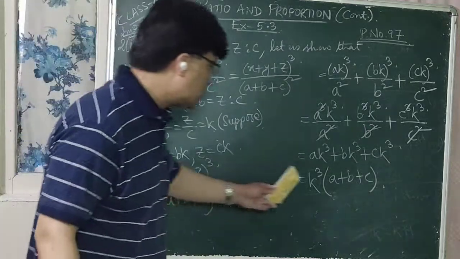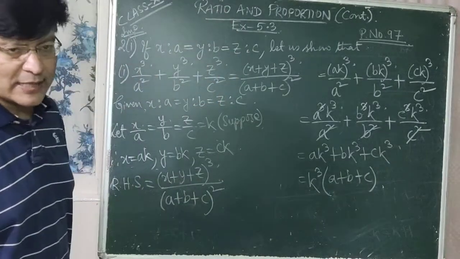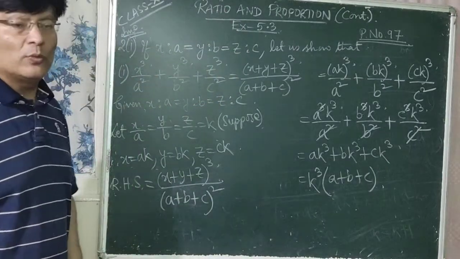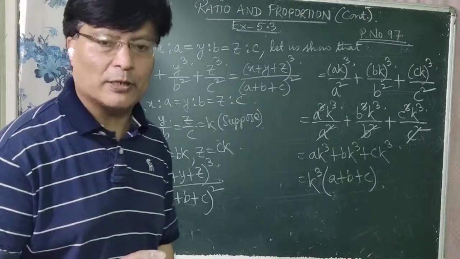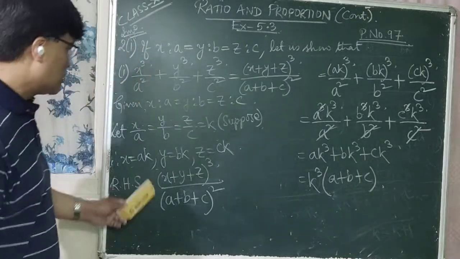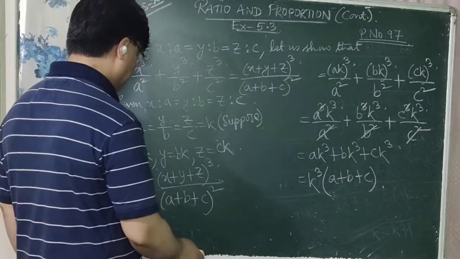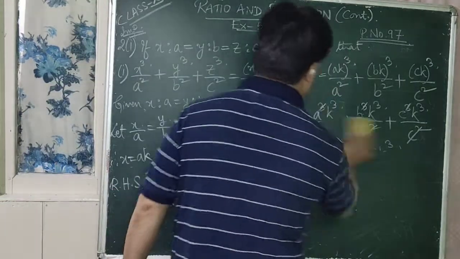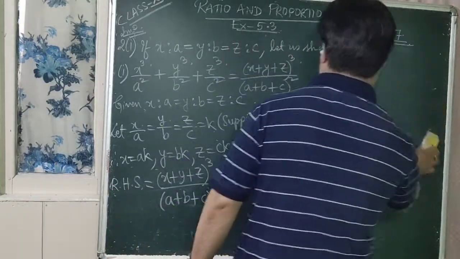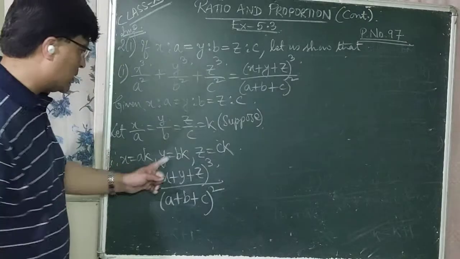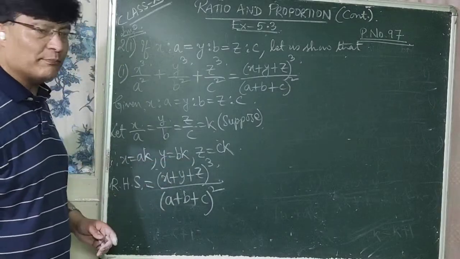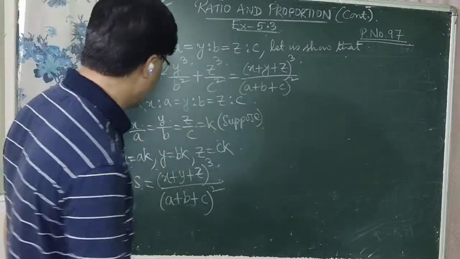So you should get the same expression here also in the right hand side, that is K cube within bracket A plus B plus C. So now let us put the value here. Let us put the value for X, Y and Z, because we know these values of X, Y, Z as AK, BK, CK respectively.